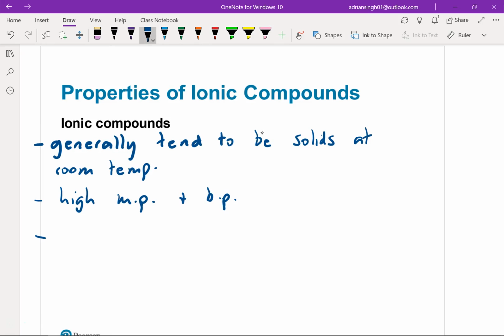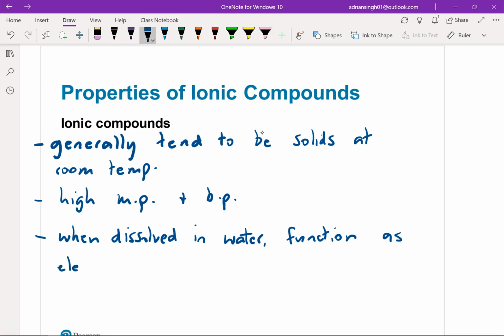And when your ionic compounds dissolve in water, they actually end up being good conductors of electricity. So these, when dissolved in water, when we add water to our ionic compounds, they function as a substance that's able to conduct an electric current, which makes them function as something known as an electrolyte.